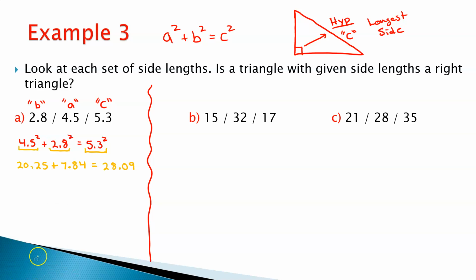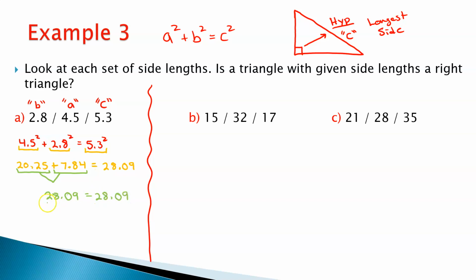You're trying to make a true statement, trying to prove that these are actually right sides of a right triangle. If I take these two values here, and there's a plus between them, so if I actually go ahead and add them, what is 20.25 plus 7.84? That gives me 28.09 is equal to, if I bring down the other side, 28.09.